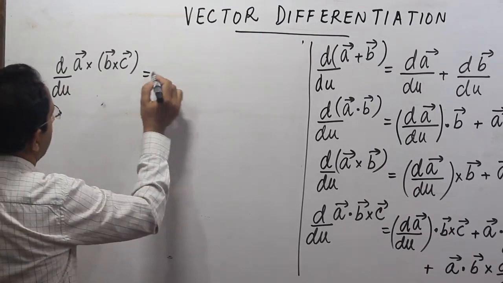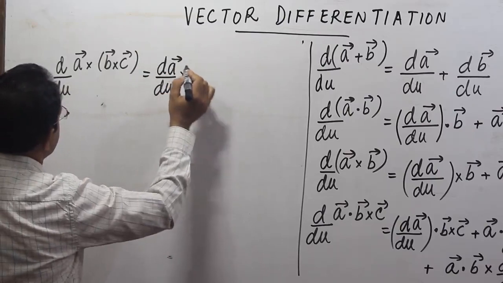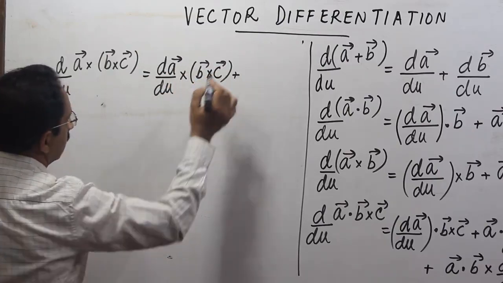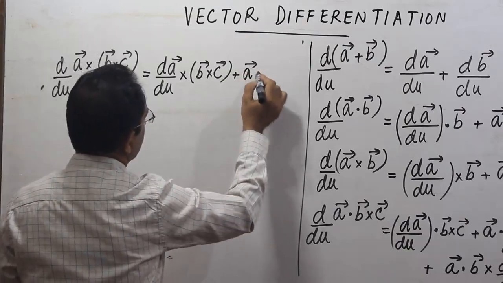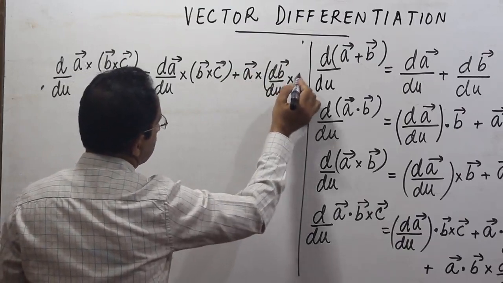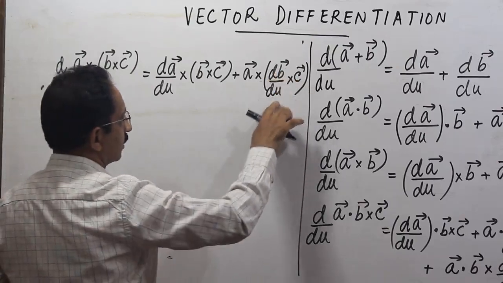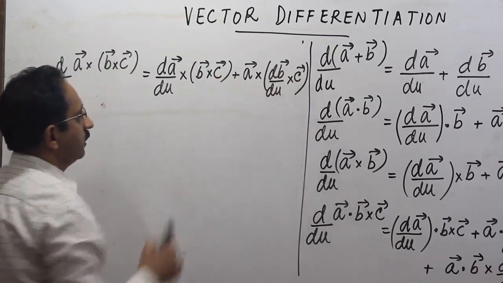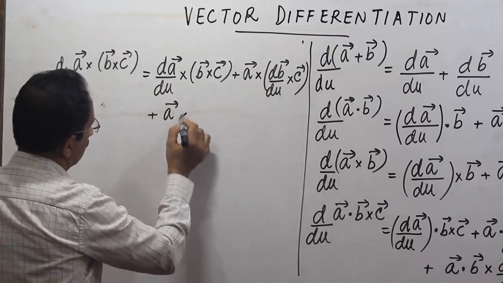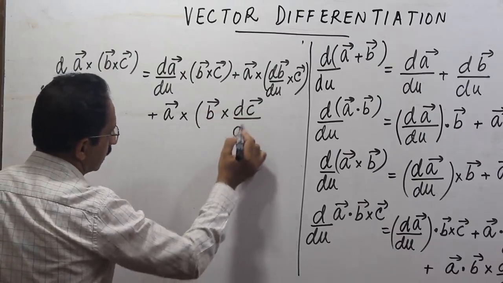So I have this result as derivative with respect to u of a cross b cross c plus then I have a cross derivative of b with respect to u cross c. So remember here that once you differentiate b with respect to u, take the cross product with c, then the result is to be multiplied to a. Same way, I have a cross b cross derivative of c with respect to u.